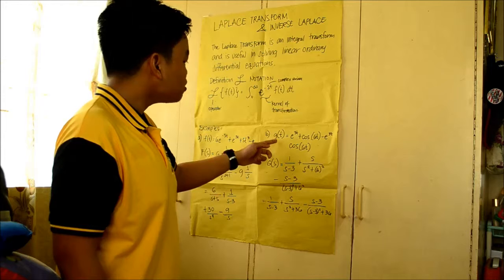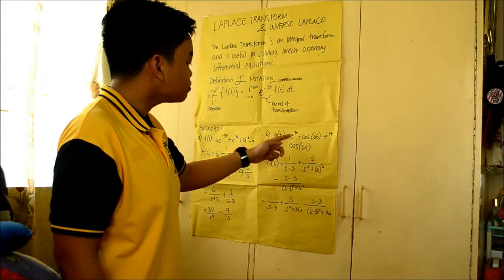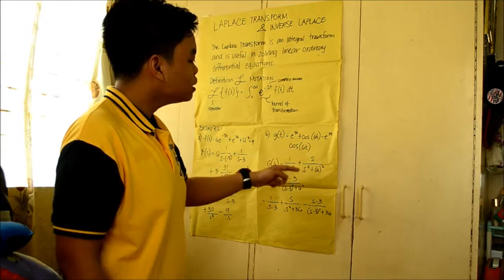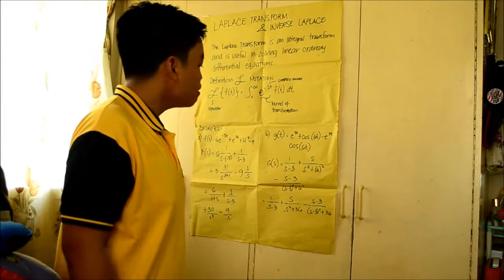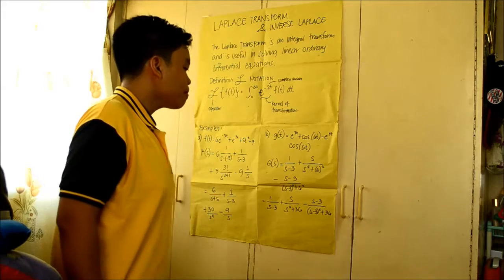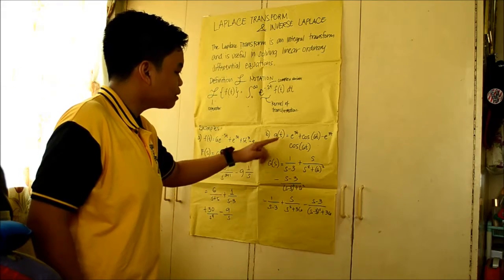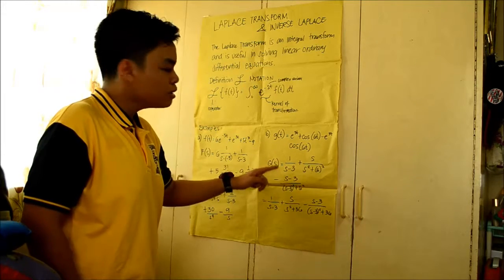Example number 2. We have given g of t equals e raised to 3t plus cosine 6t minus e raised to 3t cosine 6t. So, the g again will become capital G, then the t will become s.